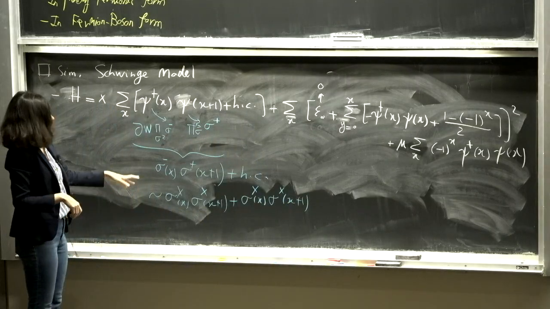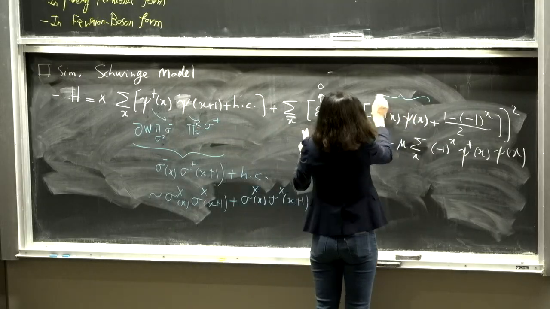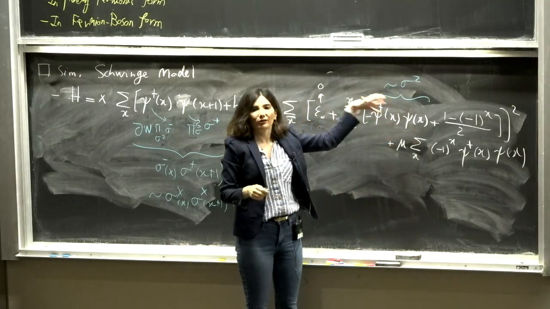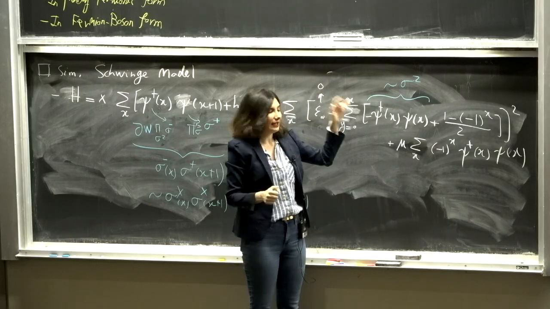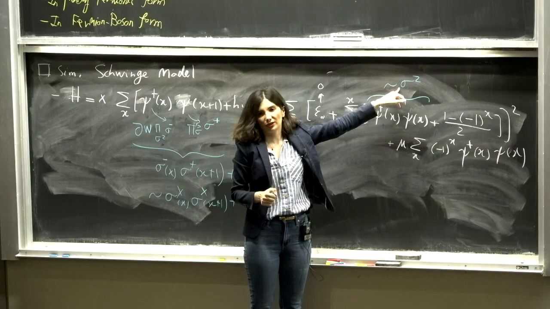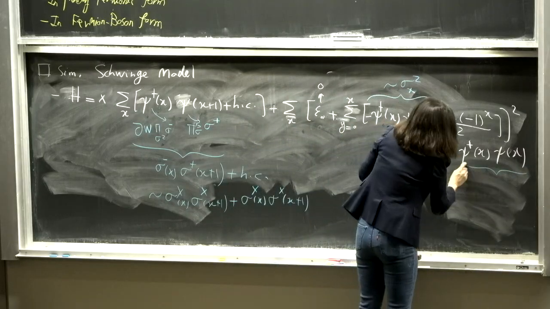OK? So this is that term. What about this term? Well, this is going to be proportional to just sigma z. Because it's local, all those sigma z chains would cancel. What's left is a sigma plus sigma minus, which is proportional to just a sigma z at position x. And similar with the mass term.